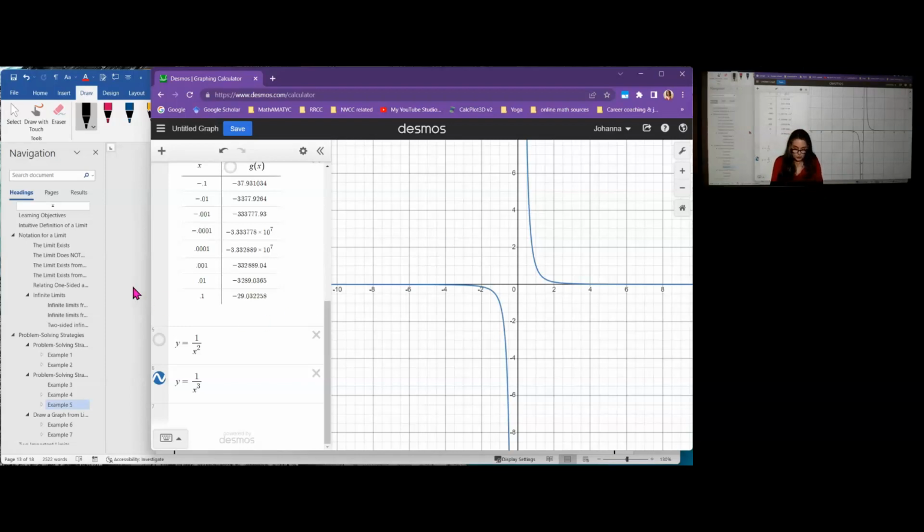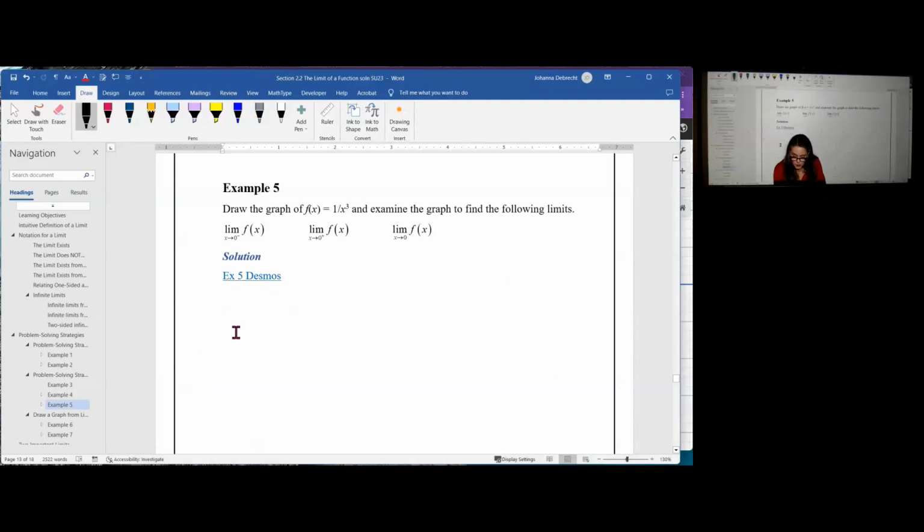In this case, the two-sided limit, we will have to write d and e. From the left, it approaches negative infinity. From the right, it approaches infinity. The two-sided limit does not exist, and we don't write either one because they don't agree. Technically, all three do not exist.